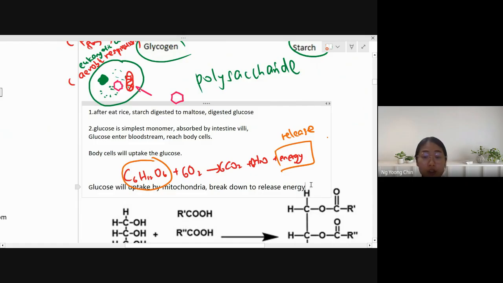The energy will be used by the cell to perform their cellular activity. So this is the purpose, that's why they require the energy. So this is a concept for you.